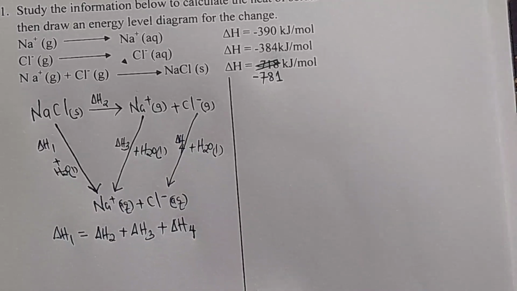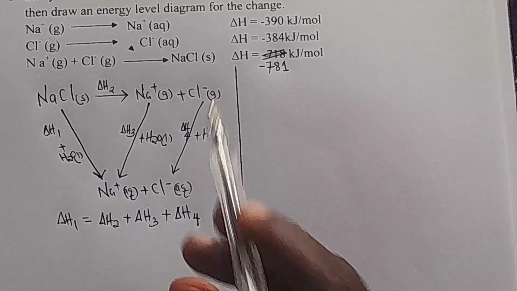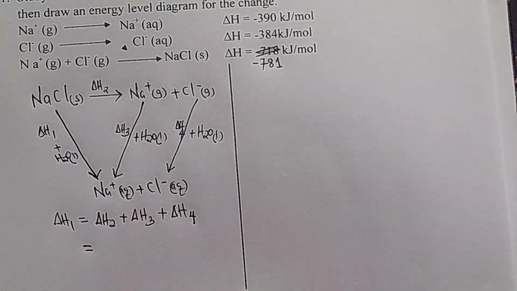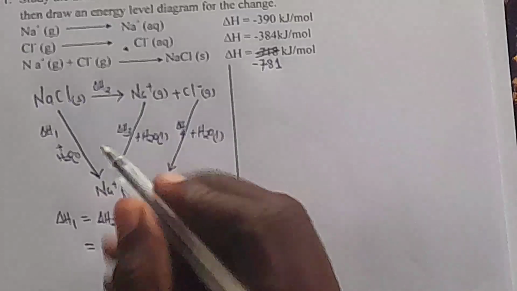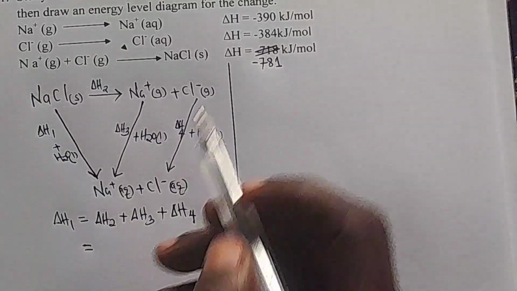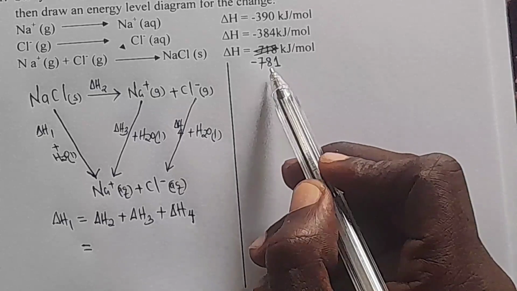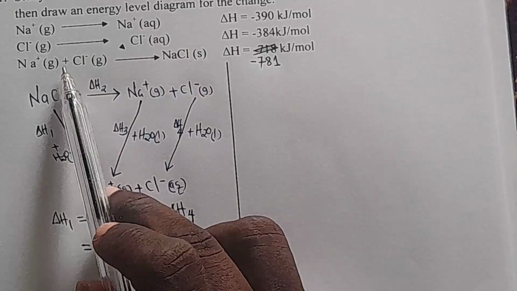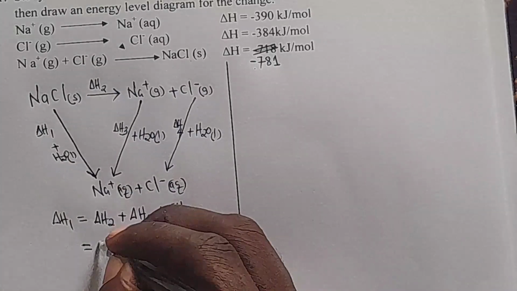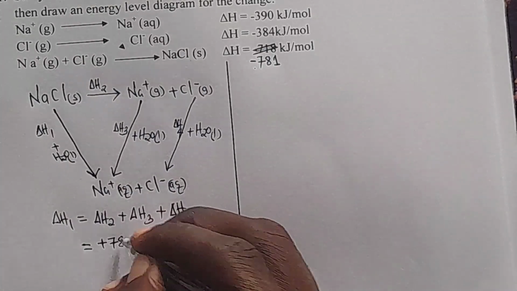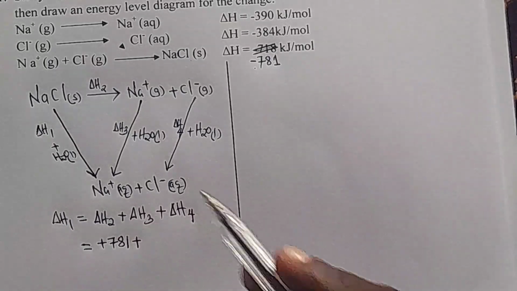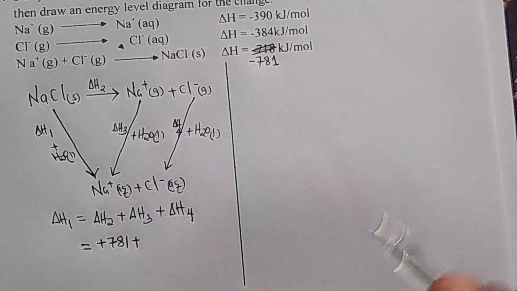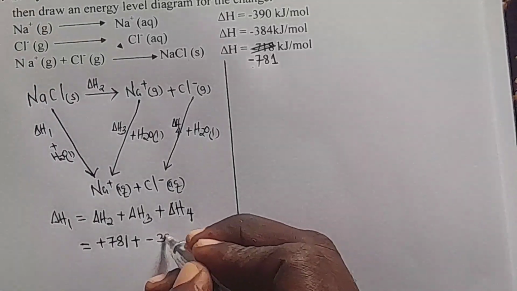Using now the information given up here, because we don't have enthalpy of solution, this will be equal to our lattice energy, which is enthalpy change 2, as negative 781. But we have reversed this equation. We have flipped, in other words. So that means the sign will change to positive. So we're having positive 781 plus enthalpy change 3, that's hydration of sodium ions, negative 390.